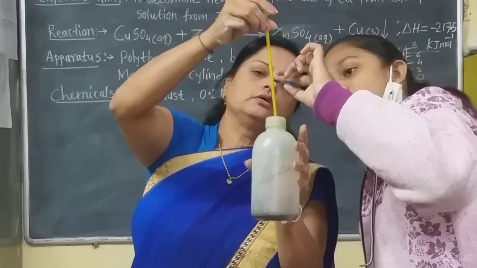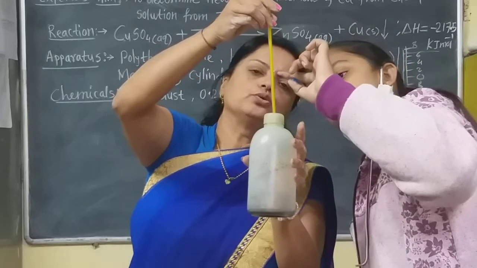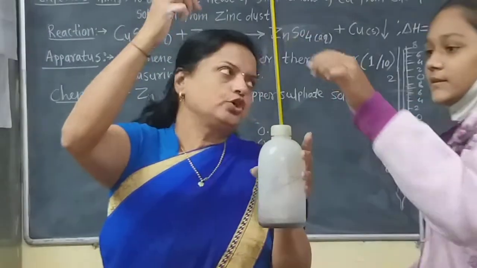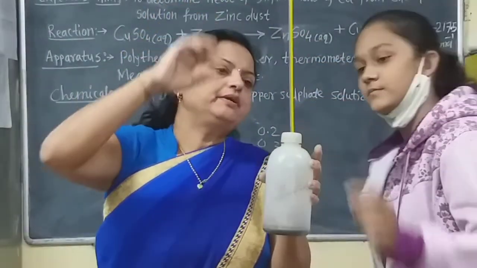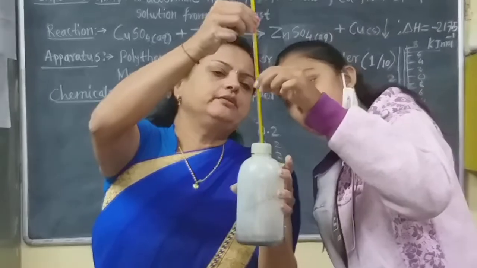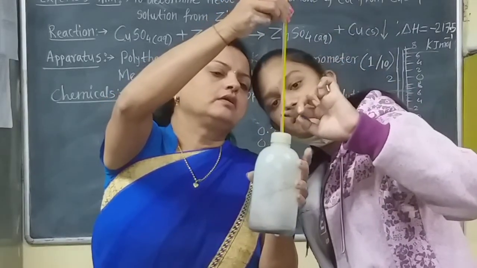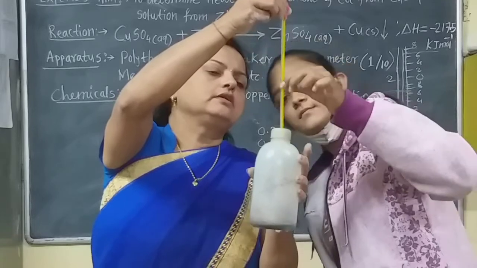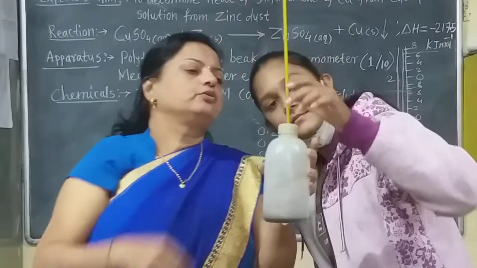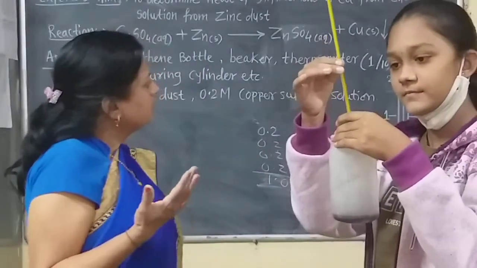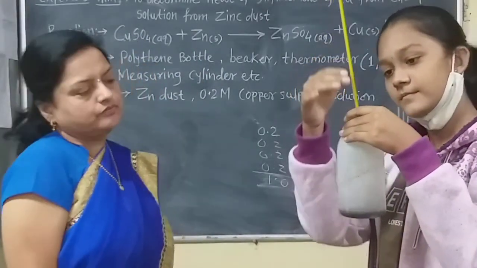Now 4 and 0 and 3 and 0. Above the 30, in between 4 and, see clearly, take it in your hand, above 30 on which figure is that mercury.